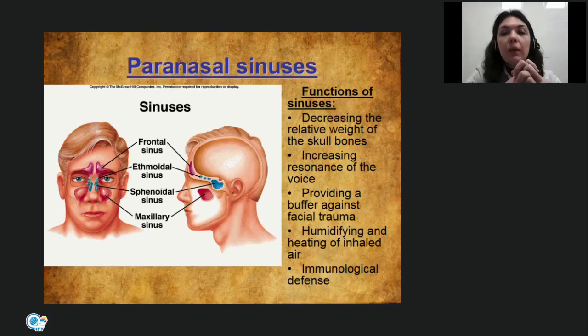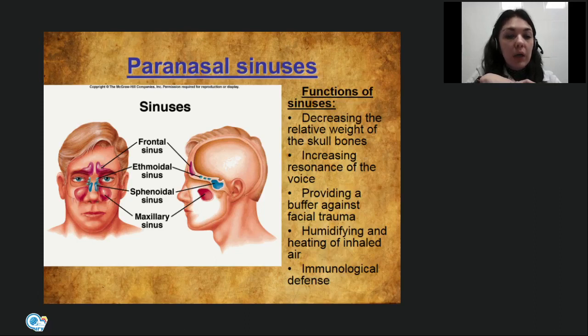When a person suffers from inflammation of the sinuses, sinusitis, these sinuses are filled with inflammatory liquid, exudate, and the voice of such a person gets changed. So we can easily feel that a person is sick because his voice changes. They also provide a buffer against facial trauma.